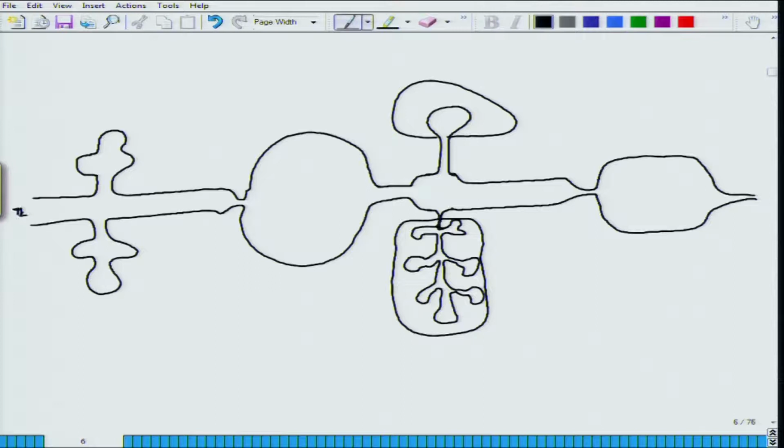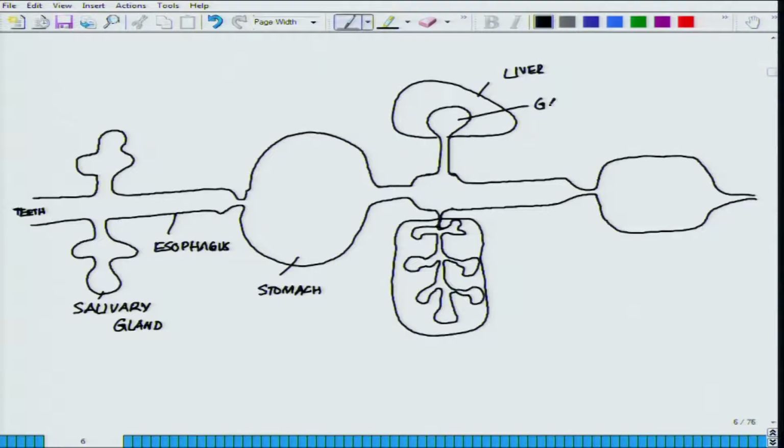Here you have the teeth, then you have the salivary gland, esophagus, you have stomach, the liver, gallbladder, small intestine, pancreas, the seat of endocrine system, large intestine, anus.